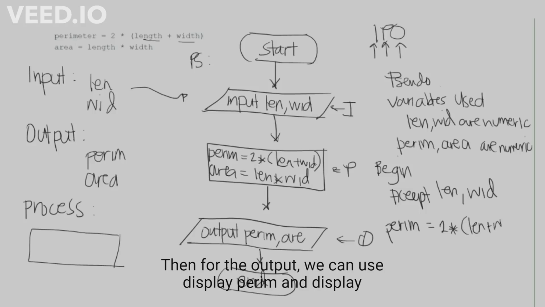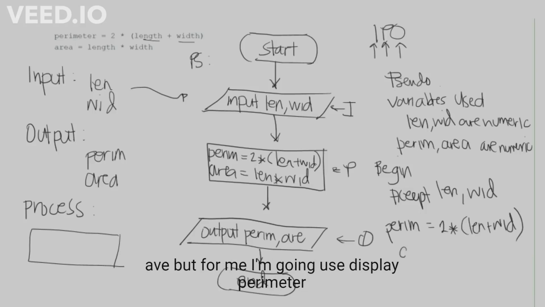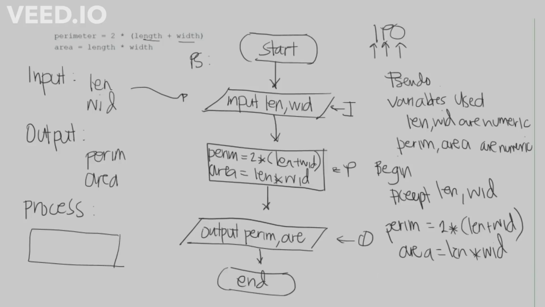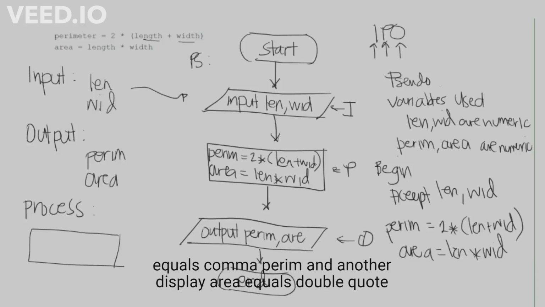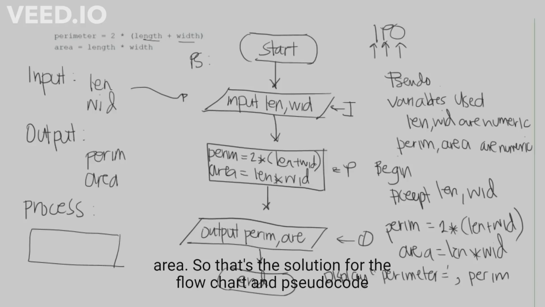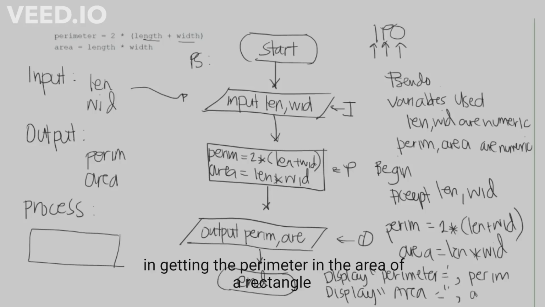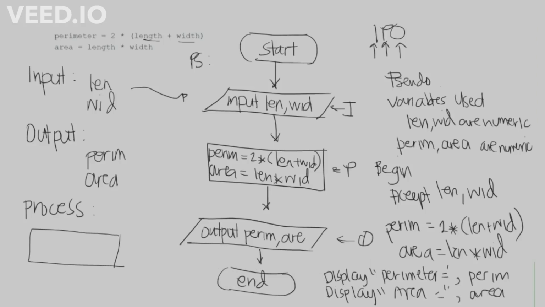And for the output, we can use display perim and display area, but for me, I'm going to use display perimeter equals, comma, perim, and another display area equals, double quote, area. So that's the solution for the flowchart and pseudocode in getting the perimeter and the area of a rectangle.